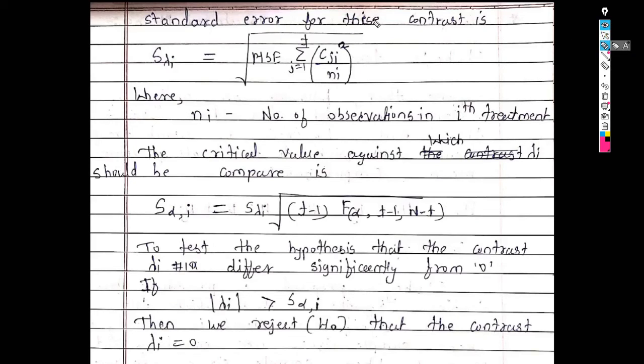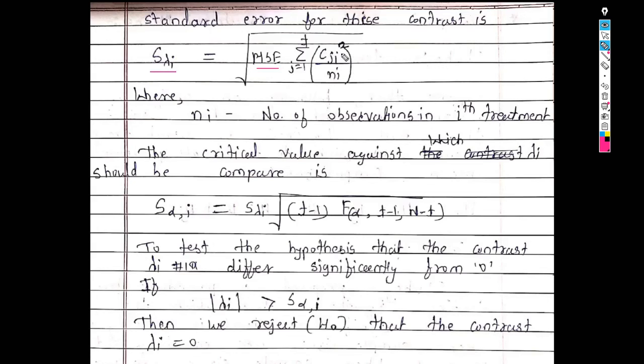So the standard error for this contrast λi is denoted by S_λi, equal to the square root of MSE, which is the unbiased estimator of σ², times the summation j varies from 1 to t of Cji² upon Ni.